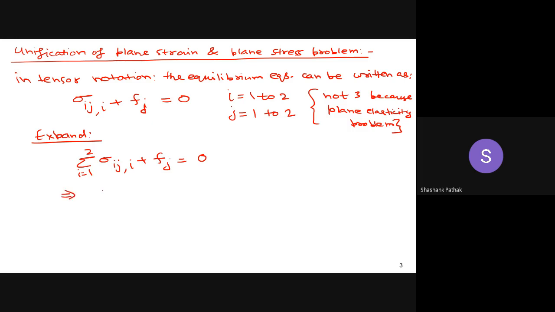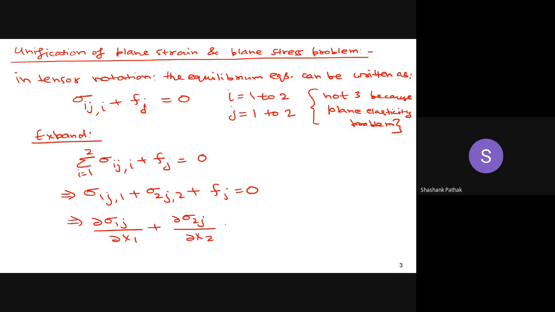So again you can write sigma 1j comma 1 plus sigma 2j comma 2 plus fj equal to 0. If you further write, this will become del sigma 1j by del x1 plus del sigma 2j by del x2 plus fj equal to 0.